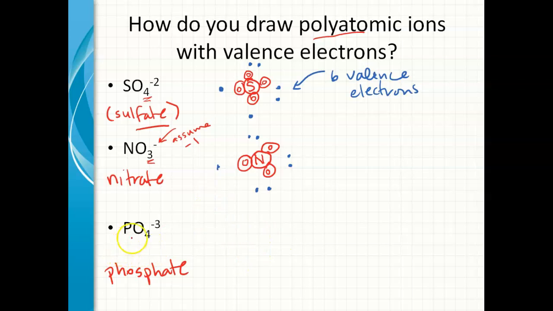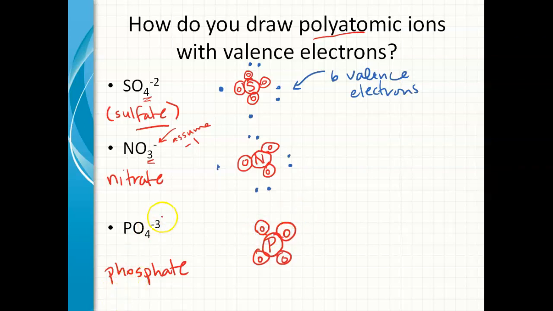So in this case, the next question you have to ask is, how many phosphorus and how many oxygens are you going to draw? If you came up with the answer of 1 phosphorus and 4 oxygens, you're right. There we go, have that bonded together.